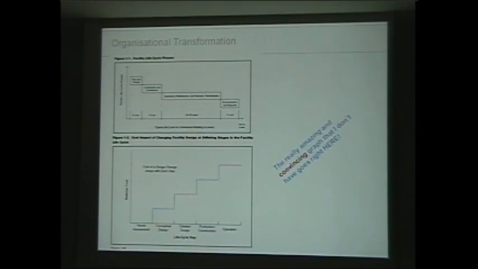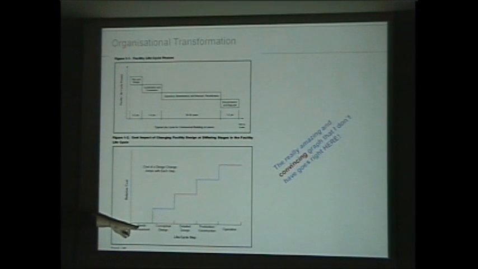So the basic process that we're running through here is the life cycle. Plan and design is very short at the beginning. Construction and commission, not that much longer. You've got, hopefully, a very long life cycle to run through the building, and then you've got decommissioning.